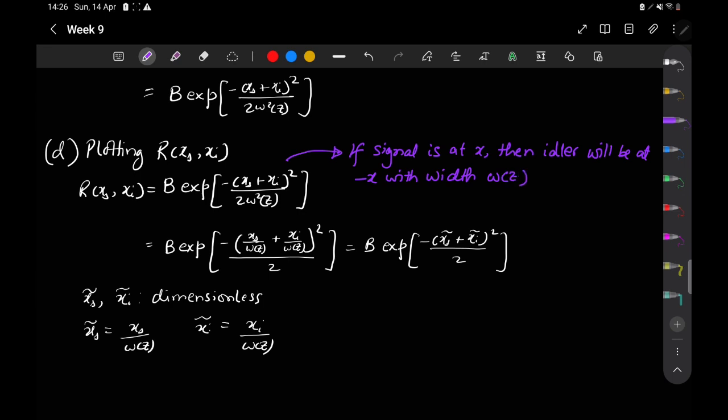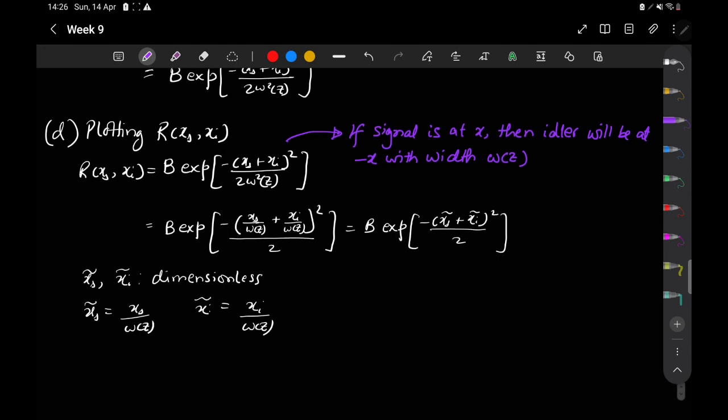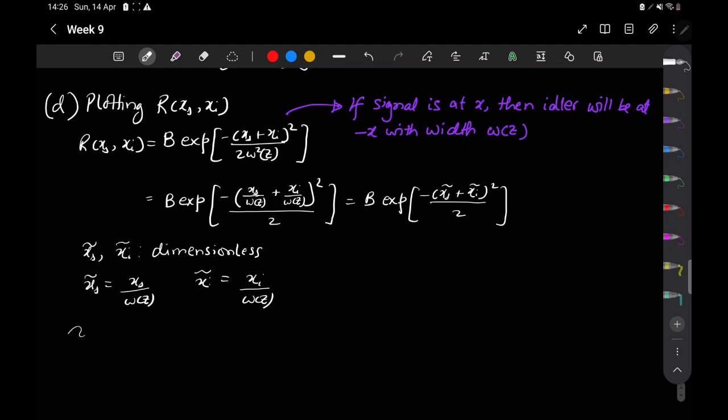So maximum probability of idler will be at minus x if signal is at x, and it can be found within a spread of omega z centered around minus x. That is what this Gaussian is, and now we will look at the Mathematica simulation for the same.